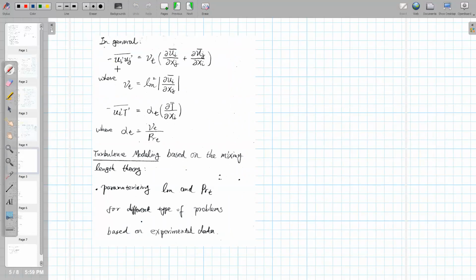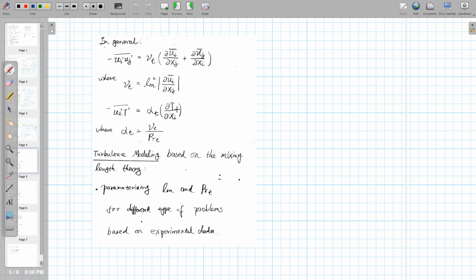So in this mixing length theory, all the velocity correlations can be equal to nu t times this one. This is the deformation tensor, and nu t can be equal to this one, and for the temperature part, it can be related to alpha t times partial T partial xi, and alpha t is determined by nu t divided by the turbulent Prandtl number.